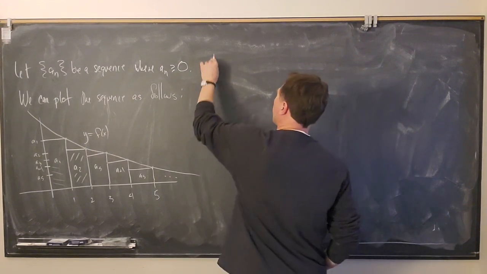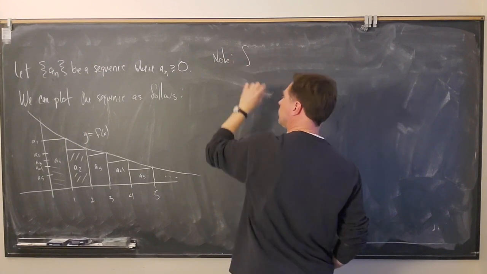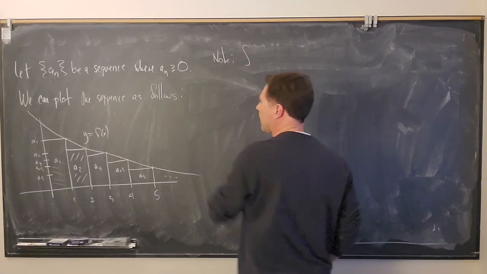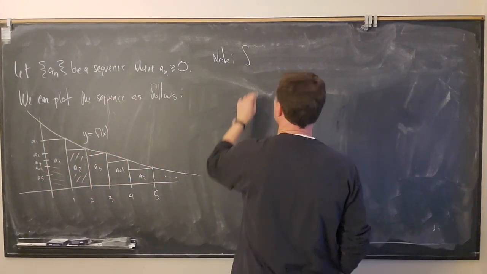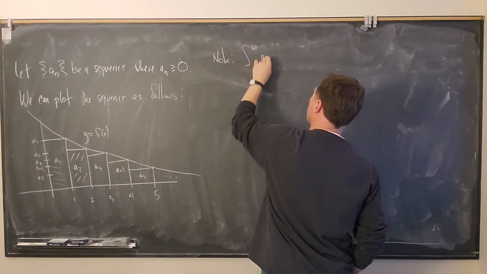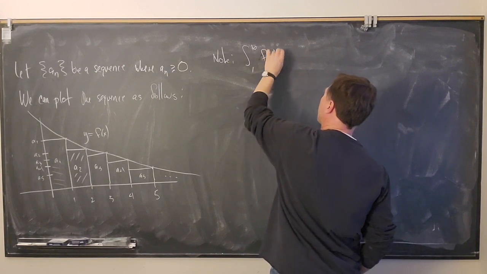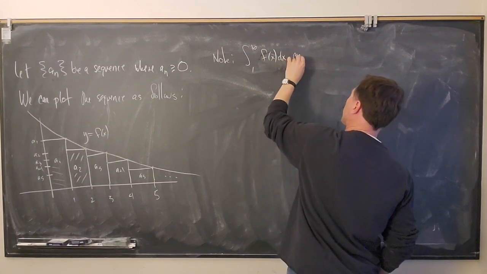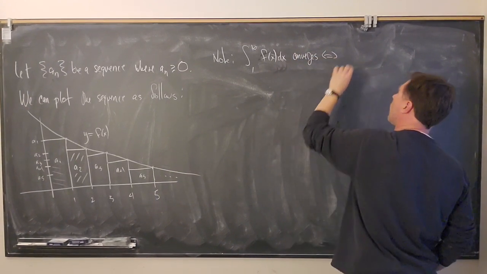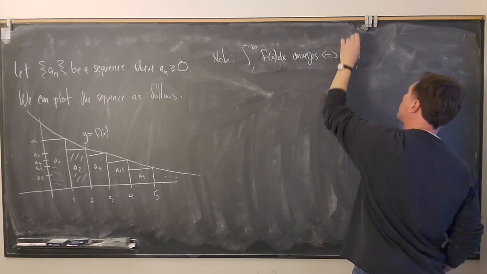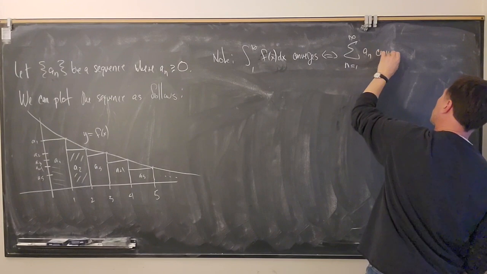And so we can say something like, note, the integral from 1 to infinity of the associated function f of x dx converges if and only if the sum from n equals 1 to infinity of a sub n converges.